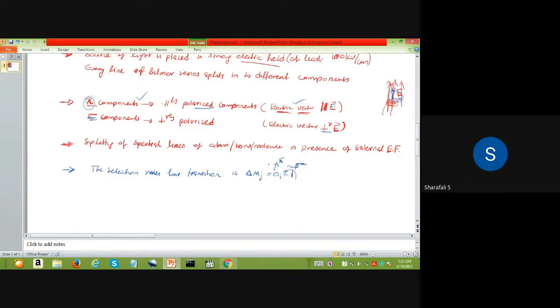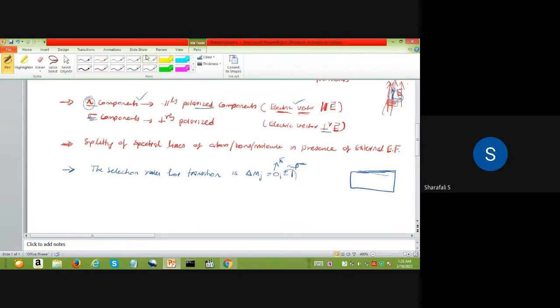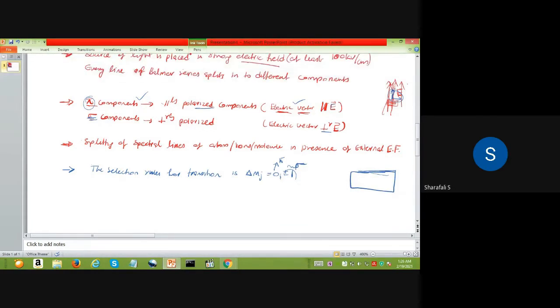So if the shifted lines appear in absorption, then the effect is called as inverse Stark effect. Instead of, let's suppose this is your spectral line which is coming out. I will just show here what that means.